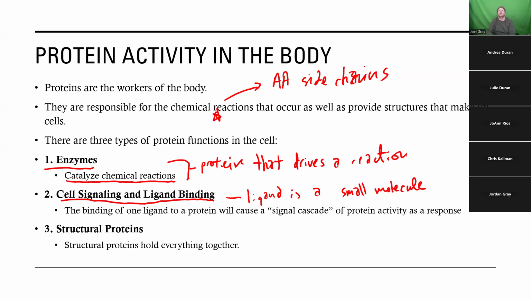I think the most common example of a protein that binds a ligand would be HB, not to be mistaken with the movie Hellboy, but instead hemoglobin. Could anyone add to the chat, what does hemoglobin bind to?